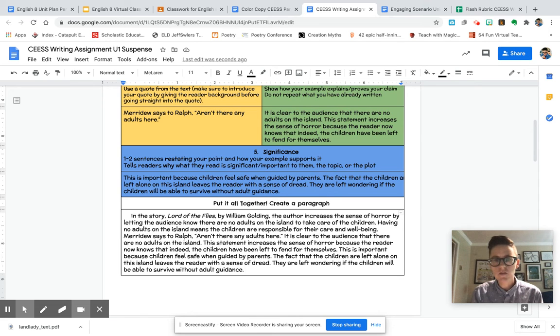This statement increases a sense of horror because the reader now knows that indeed the children have been left to fend for themselves. This is important because children feel safe when guided by parents. The fact that the children are left alone on this island leaves the reader with a sense of dread. They are left wondering if the children will be able to survive without any adult guidance.